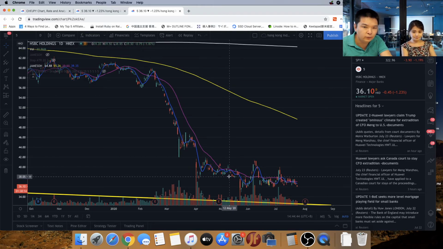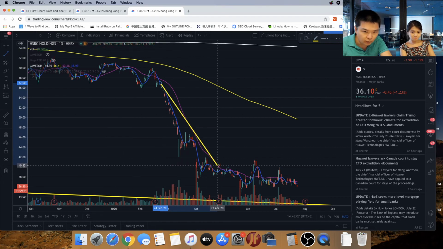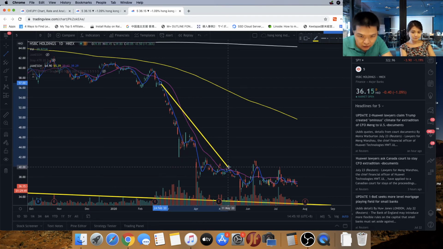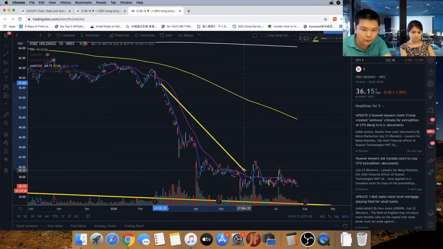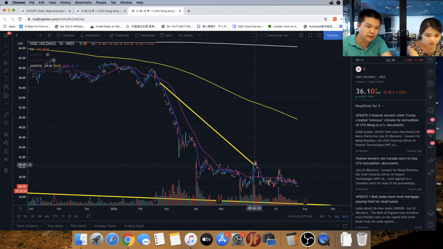Then you probably would have closed it maybe sometime here or even here. The first time it broke, I wouldn't enter. Then the second time, it bounced back, so I'll probably enter sometime here because it bounced back. Then I'll probably close sometime either here or when it went down. Probably here, or even here, because I wouldn't know. So you already closed a lot.